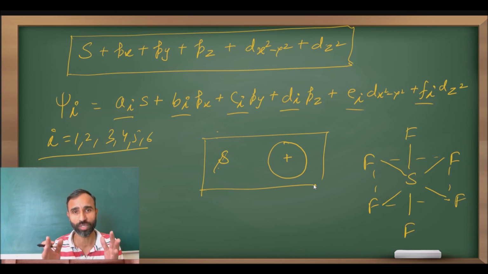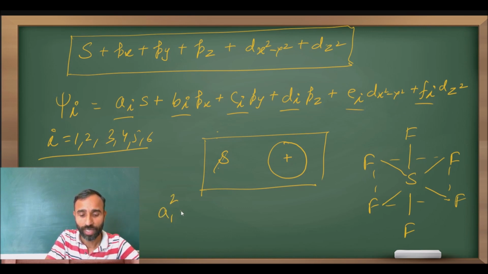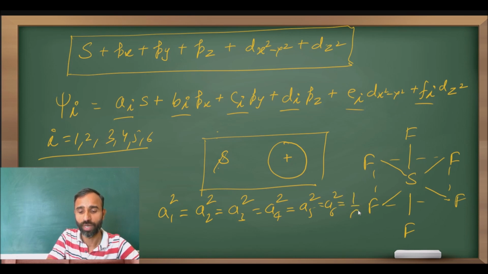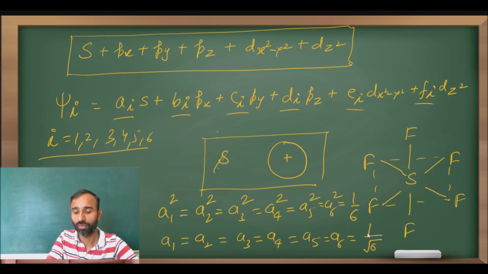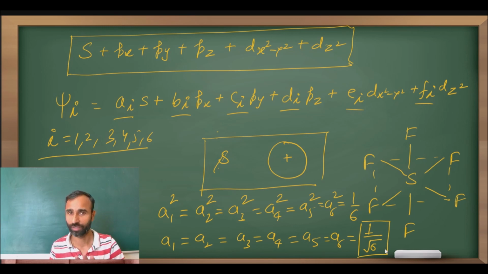So a1 square, a2 square, a3, a4, a5, a6 square, each is equal to 1/6. I hope you understood. It means a1, a2, a3, a4, a5, a6 are equal to 1/√6. So we get the s orbital's contribution in all the 6.